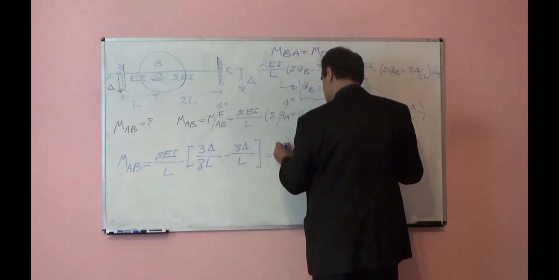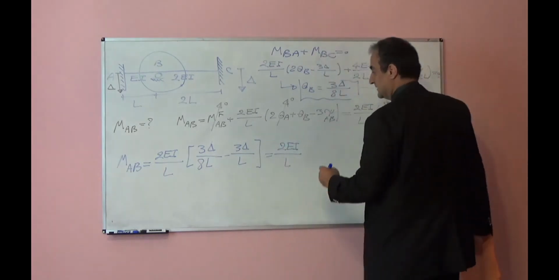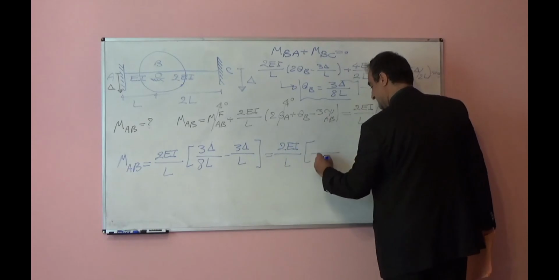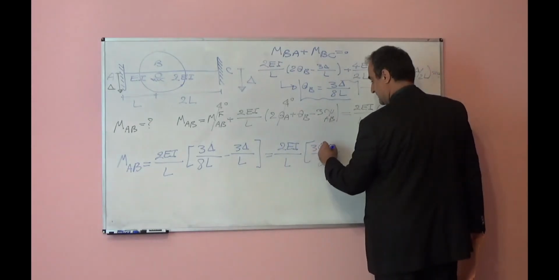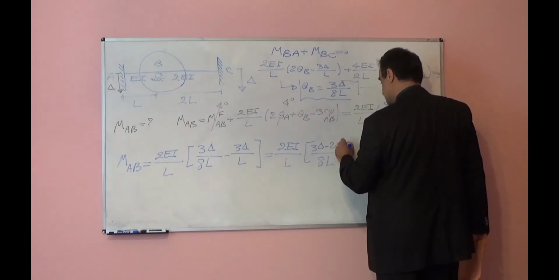This will be 2EI over L, here this will be 8L, that will be 3 delta minus 24 delta.